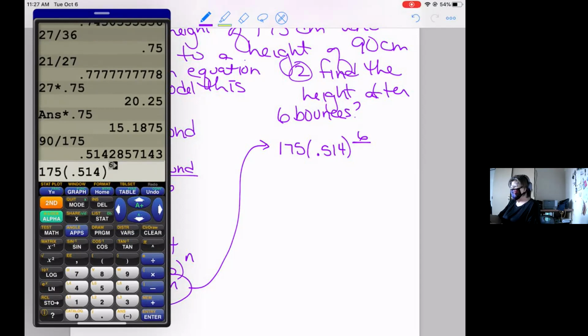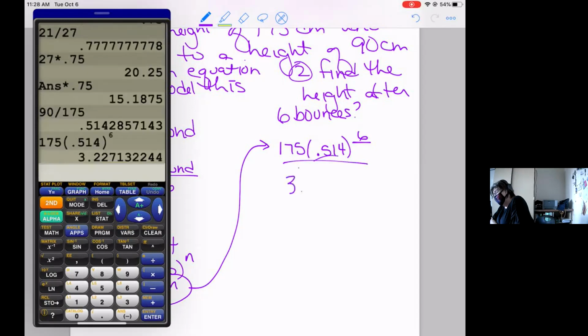You need to turn your phone sideways. There we go. And it's this button right here that has an X and a Y. This is for if you're doing it at home, but in here, please use mine. Then you put in the starting height. So then we just put this in our calculator. And we're going to get 3.227 centimeters.